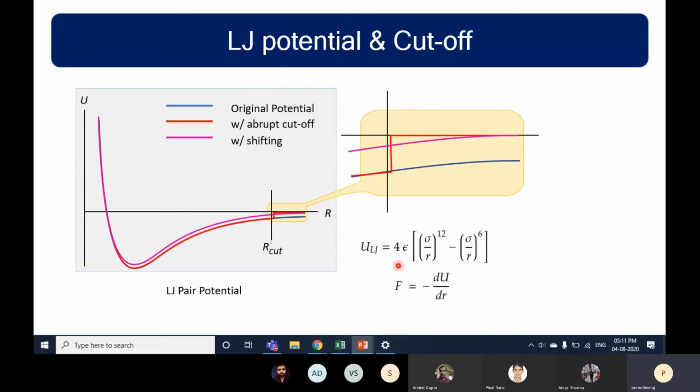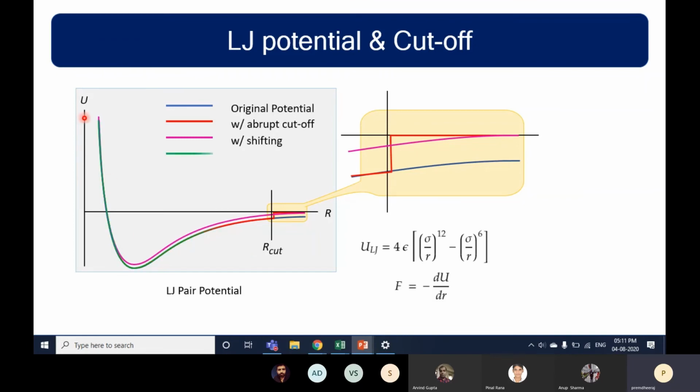So we compromise on pretty much all the force computations when we use this shifted potential. We have to have a better compromise between all these features, and the next model that I'm going to show you is the best compromise that we have found so far.